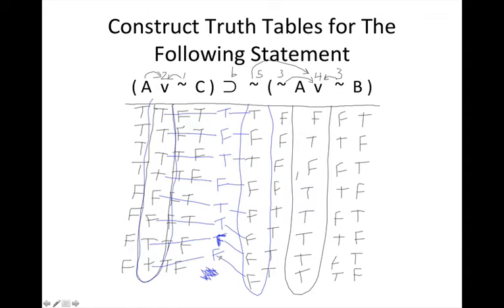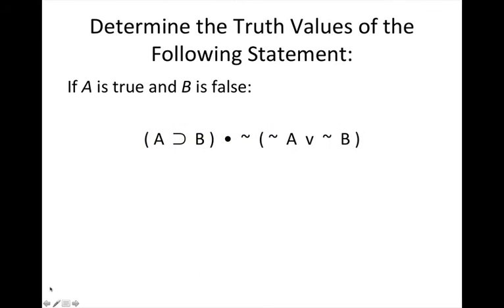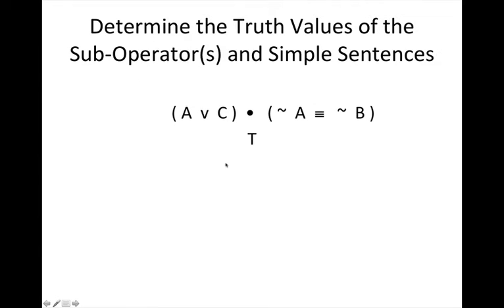All right, moving on. Okay, so now we're going to move back and forth between two similar exercises. We're going to either start with simple statement values and build up to the main operator, or we will start with the value of the statement and then work our way back.